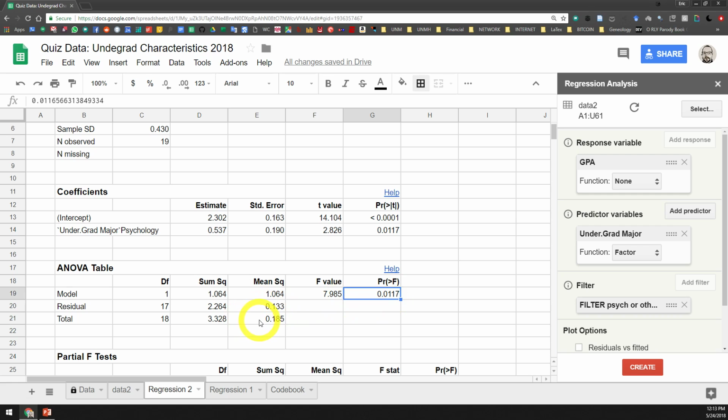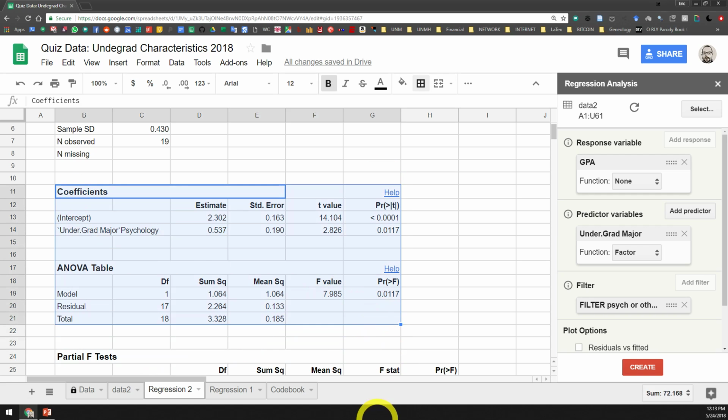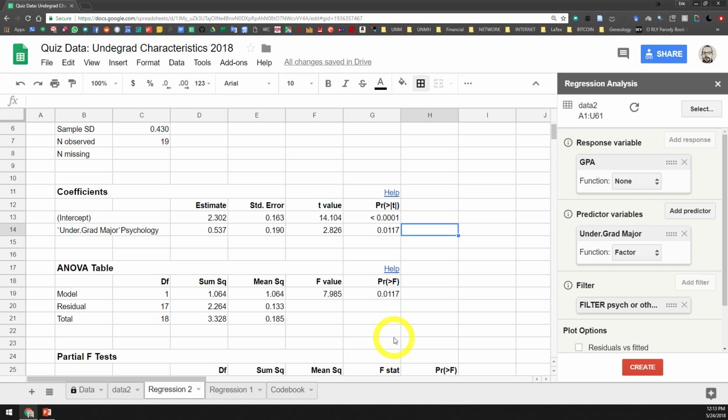That's just a little bit of an extra fact. It doesn't give us these estimates of the difference. It doesn't give us a standard error or t-value. It gives us an F value. But these two different tests arrive at the same conclusion, and they will always arrive at the same conclusion. That's just an extra little tidbit.